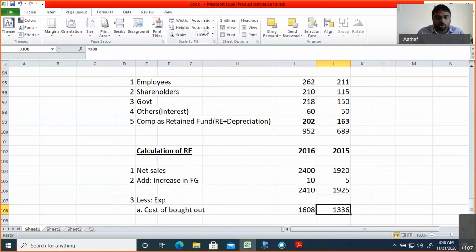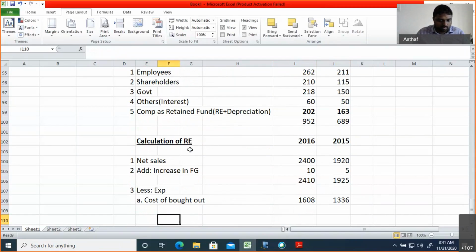So all the items we were making. What is next after the cost of bought out? Salaries total. What is the salaries total? 262, 211. Already we know.